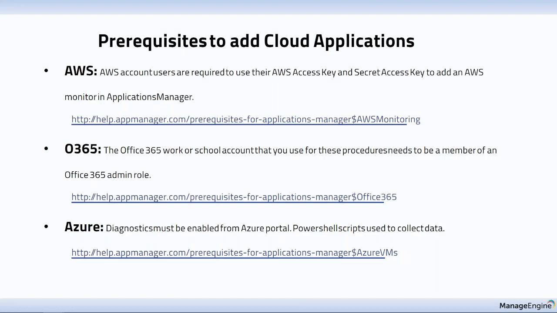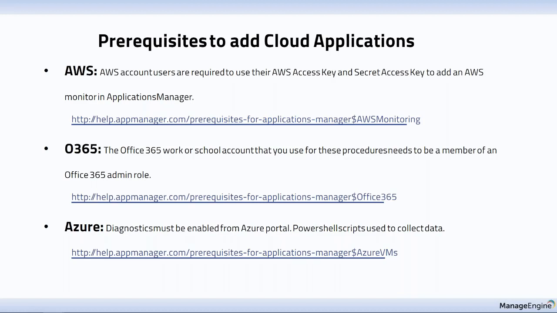Since Applications Manager is an agentless monitoring tool, we use various protocols to connect to the target machines and collect these metrics. Similarly, these cloud monitors also require certain prerequisites to be completed. AWS monitors require the AWS access key and the secret access key for the monitor to be added and performance metrics to be identified.